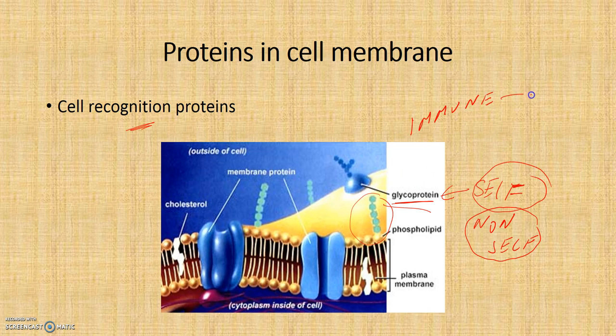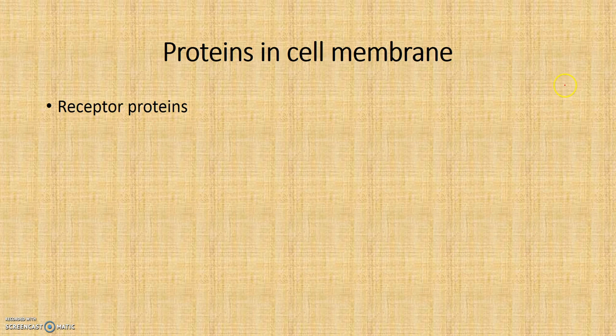They will attack any cells which have non-self, which have different glycoprotein. This is how the immune system attacks pathogens. Should not attack our own body. Of course, there are autoimmune disorders. That's a whole different ball game. We'll talk about it later.